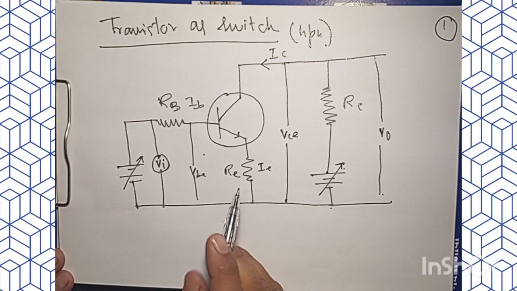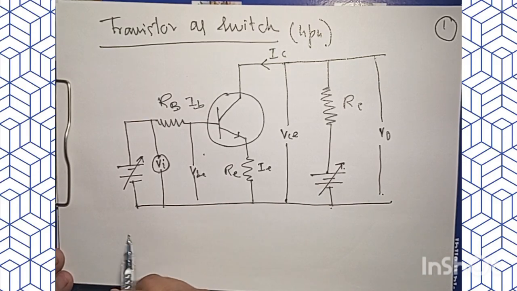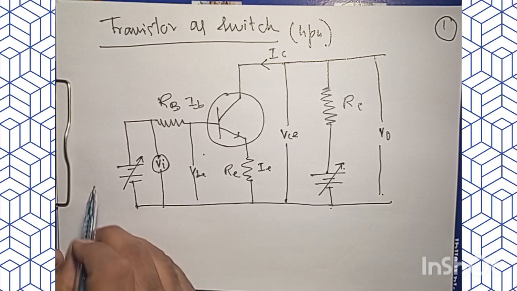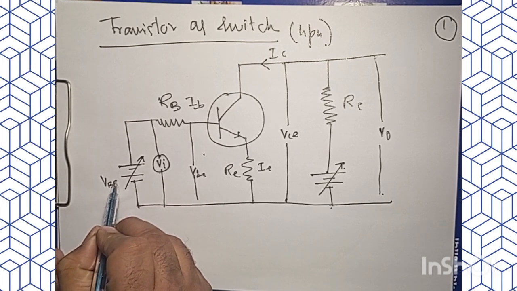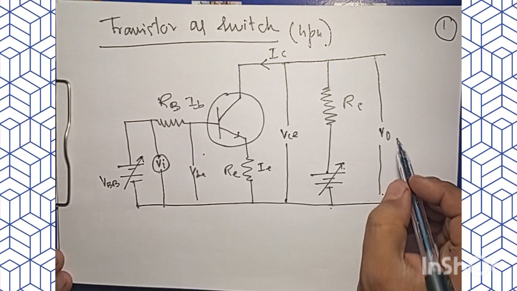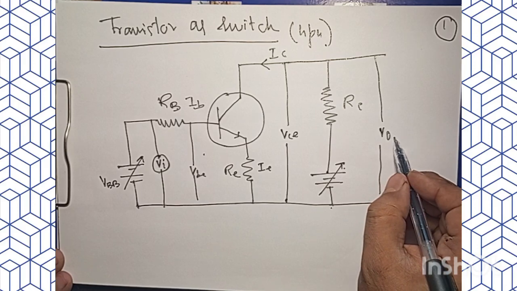Now if we look into this circuit, we can think of using Kirchhoff's voltage law for the input circuit. Before doing that, I would name this VBB, and this is certainly my V out here.